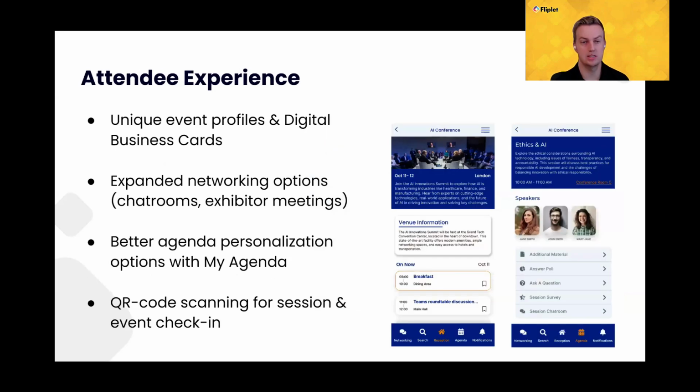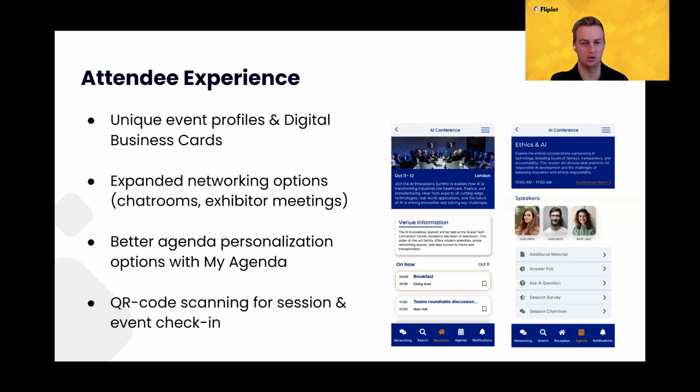And our attendee experience has been drastically updated as well. We've added unique event profiles and digital business cards, meaning you can have a different profile for different events and be able to share that with a QR code through a digital business card. Expanded networking options: we've added session chat rooms, private chat rooms.